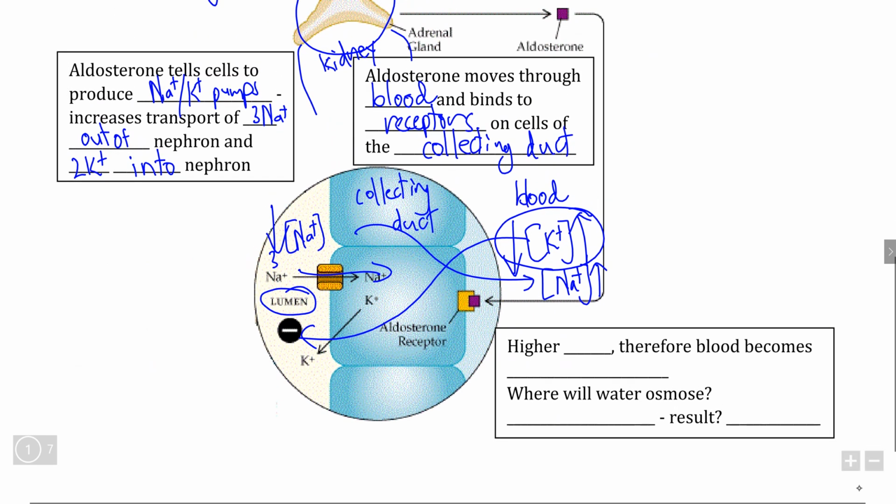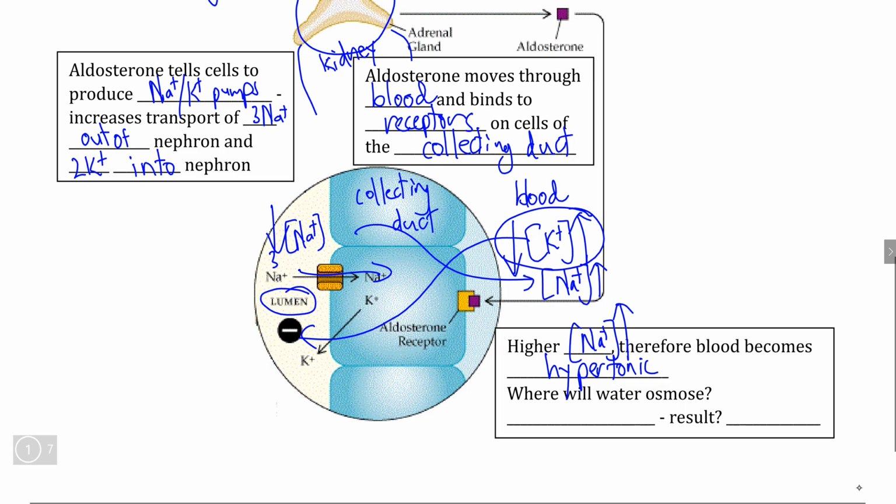Now, what effect does this actually have on urine? Well, as a consequence of transporting a high concentration of sodium into the blood, we are making the blood more hypertonic compared to the urine because we are increasing the solute concentration.